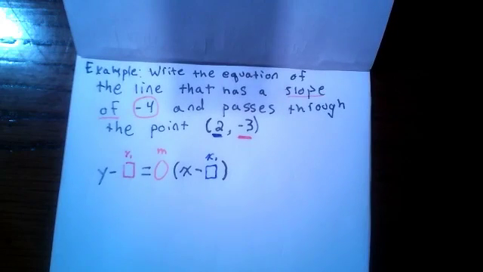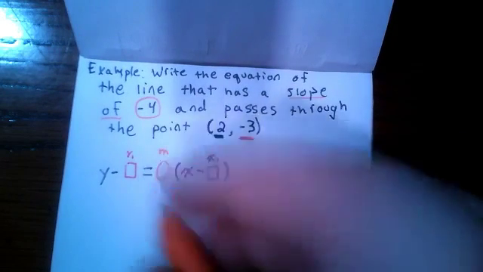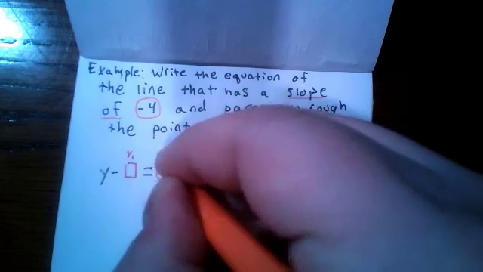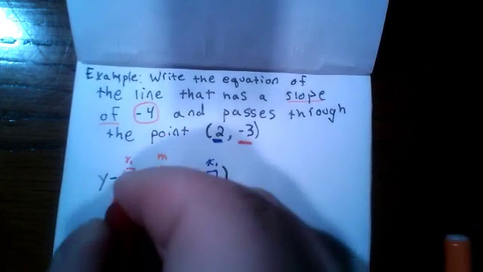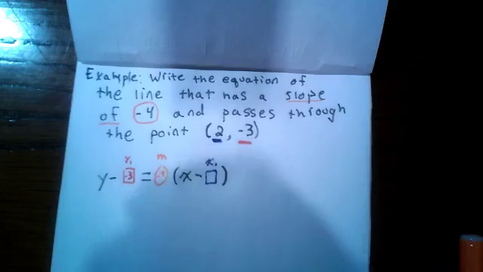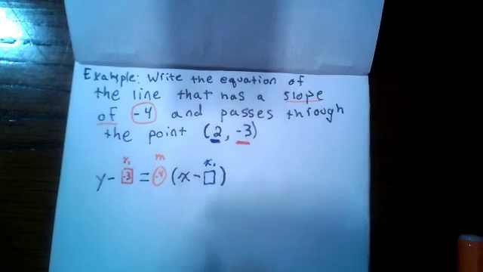And all I have to do is put those numbers in the box. So I see that my slope is -4. So I would put a -4 here. My y1 is -3. So I'd put a -3. My x1 is 2. So I put a 2.